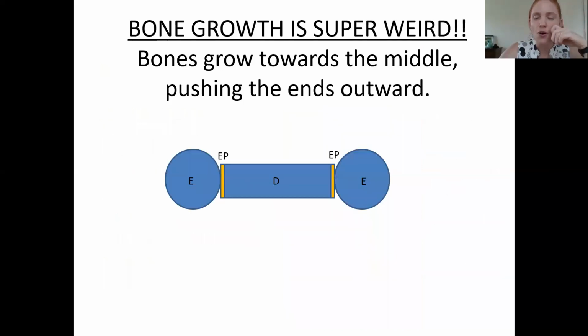Okay, so I just wanted to really highlight how this growth is kind of strange, right? So here's your epiphysis here. There's your diaphysis there. Your epiphyseal plates will be at the boundary, in the middle where the epiphysis is. And as they grow, on this side here we'd have bone, then we have our normal hyaline tissue, and they're going to grow this way, right? So the new bone will be added in this direction.